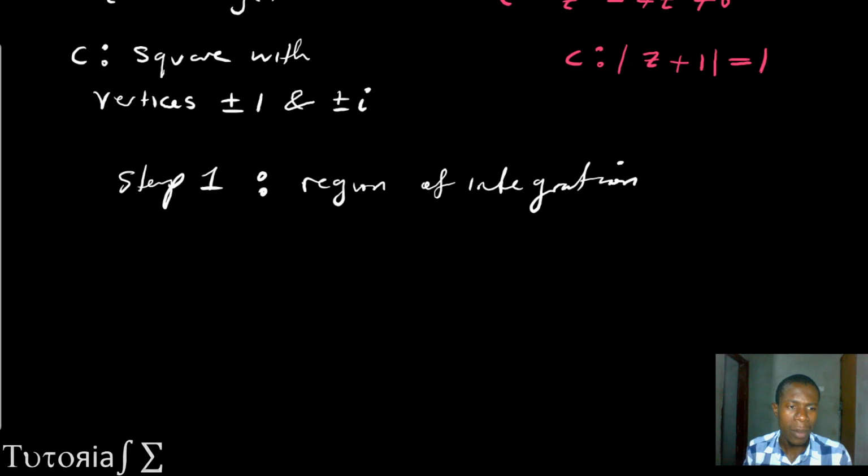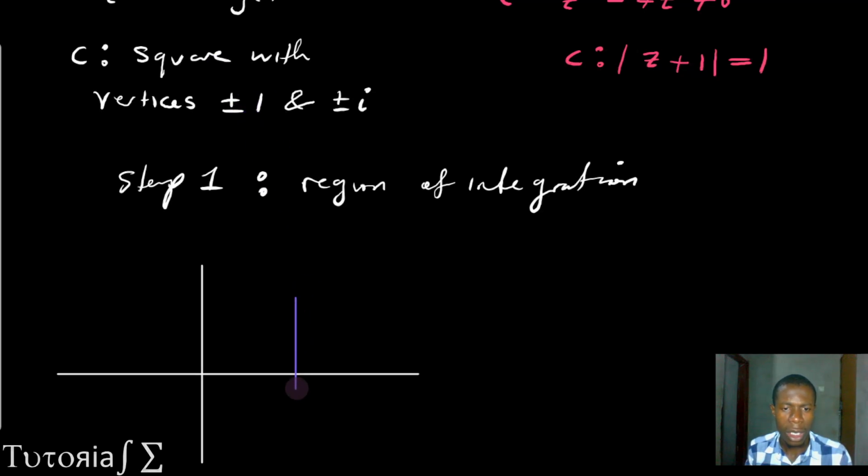So we have a square, running from +1, so this is +1 here, that will be -1 here.